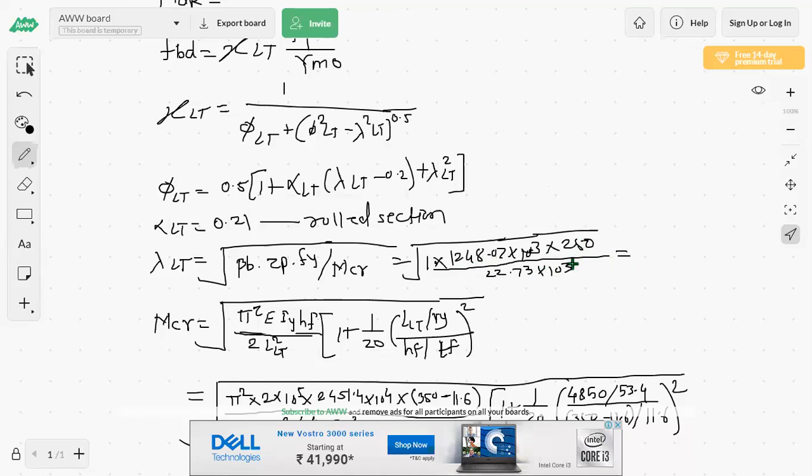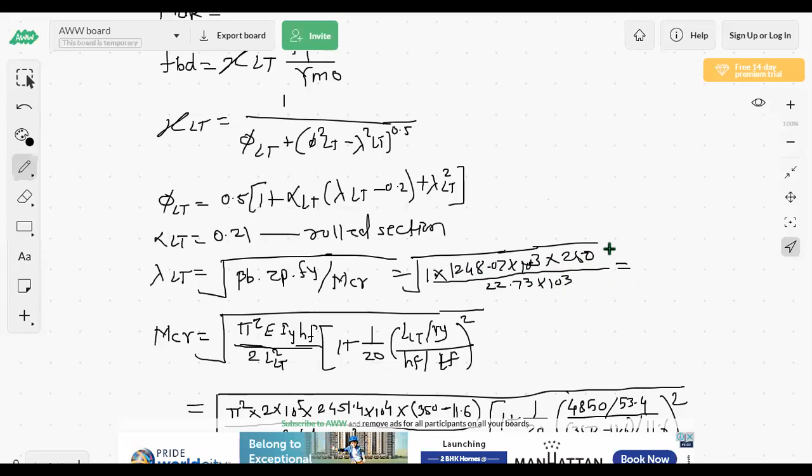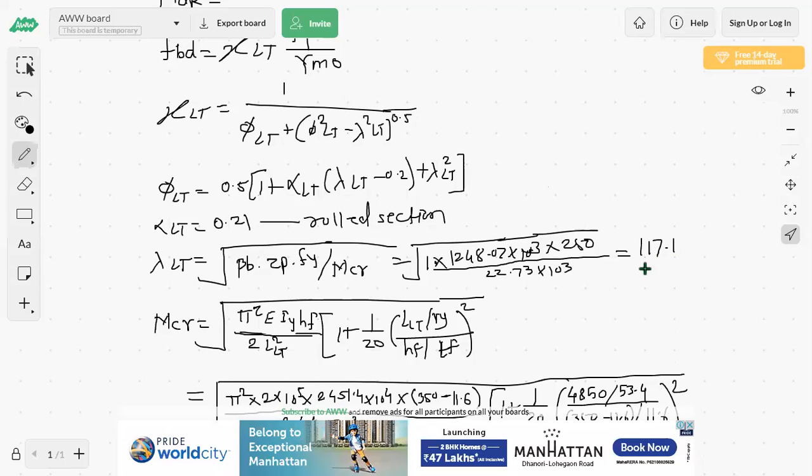Here Newton gets cancelled, then mm square gets cancelled. So 117.16. Okay, 117.16 is the lambda LT.